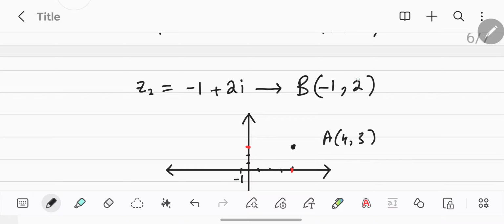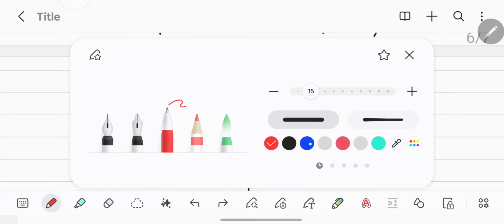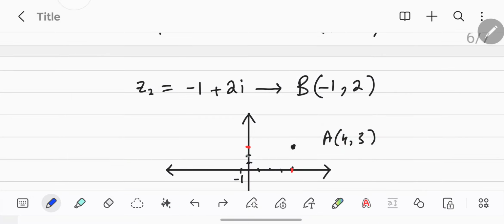Okay. And the second component is 2. That means along this vertical line, I have to go up because it is plus. This is 1 and this is 2. So let me change the color. Maybe we can use this one, this one and this one. Okay, now I have both components, this one and this one. I have to draw a point.